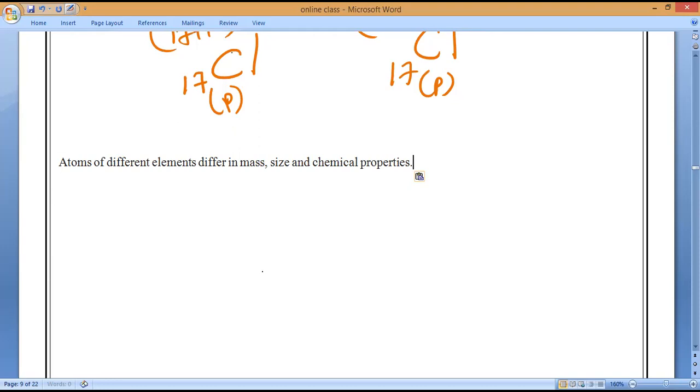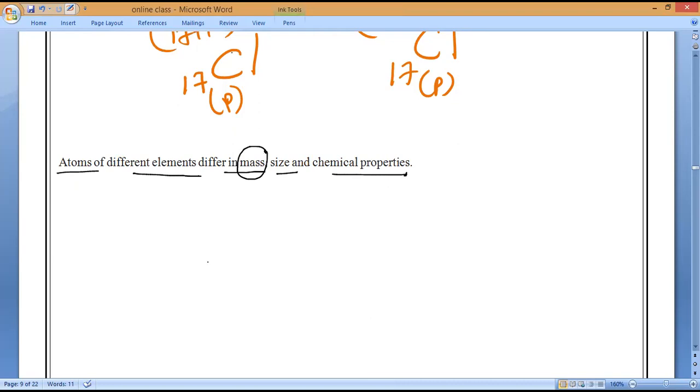Some atoms of different elements have the same mass. Let us see how. John Dalton said that different elements have different mass, size, and chemical properties. But mass is not always different.